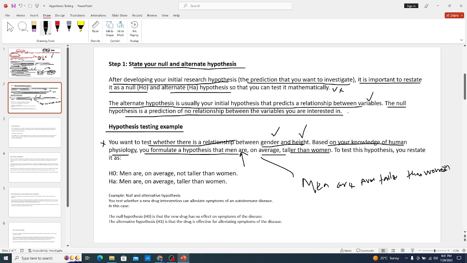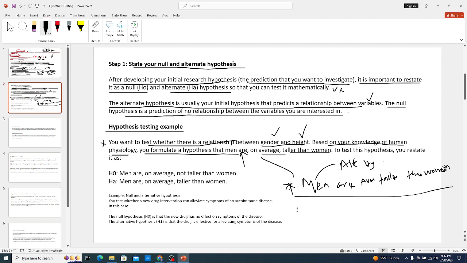This is our research hypothesis, what we are trying to research. In our research we will be checking whether men are really taller than women. Then this will be our alternative hypothesis.